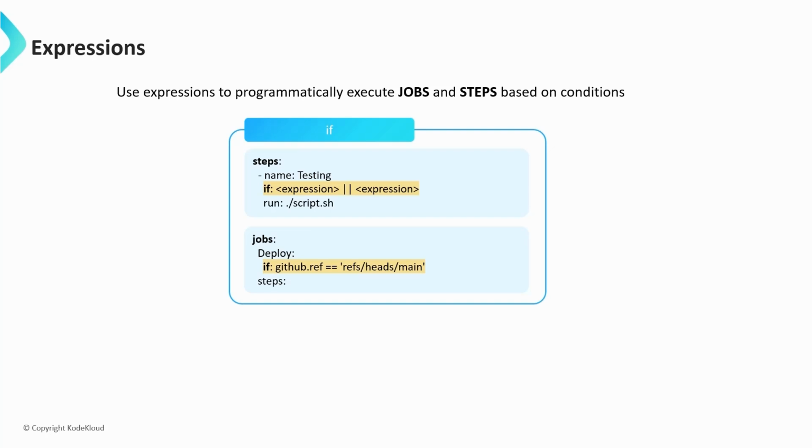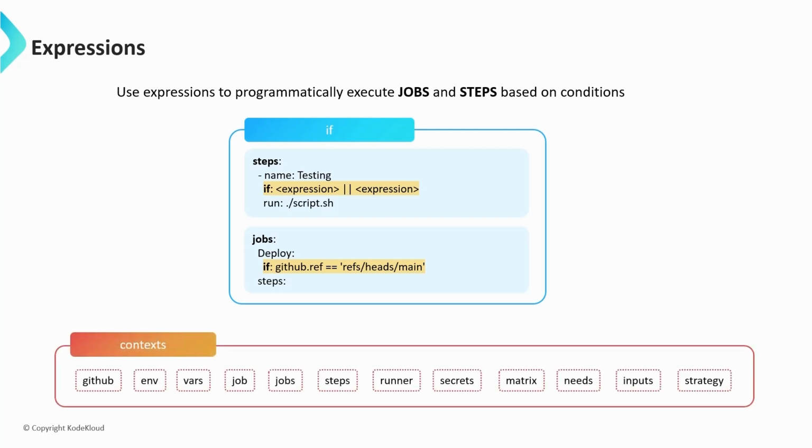As seen earlier, contexts are a set of predefined objects or variables which contain relevant information about the environment, event, or other data associated with a workflow run. We can use context to access information about the workflow, such as the branch that was triggered, the commit that was pushed, or the runner details where the workflow is getting executed. These are some of the most commonly used context variables.